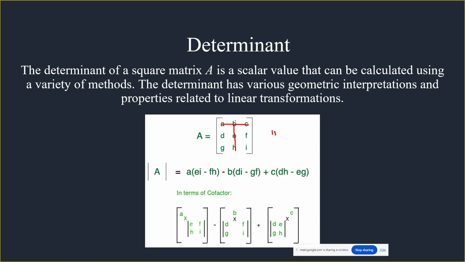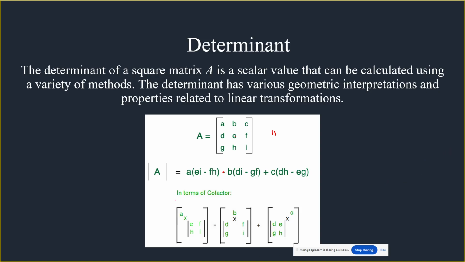Here you can use a trick: whichever element you are using, you cancel that element's row and column. Here we will multiply B with DI and subtract GF, and finally you will find the output. And the same goes for C. This column and these rows are cancelled, and this is how we can find a determinant.